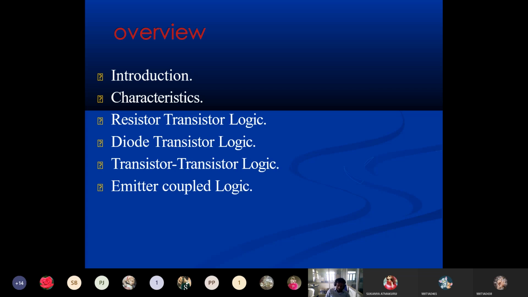Before the invention of bipolar junction transistors, we had another type of transistor. Those are nothing but the MOSFET, that is the metal oxide semiconductor field effect transistor, or simply the MOS transistor. These MOS transistors were difficult to fabricate in the early days.